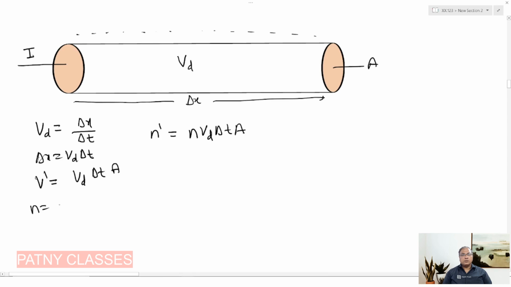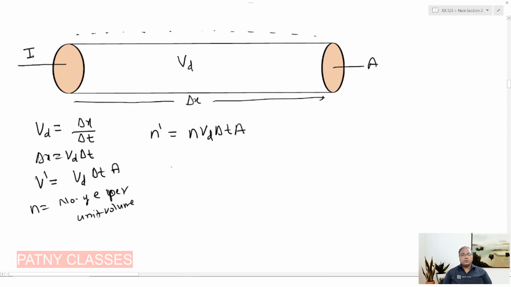N is the number of electrons per unit volume.